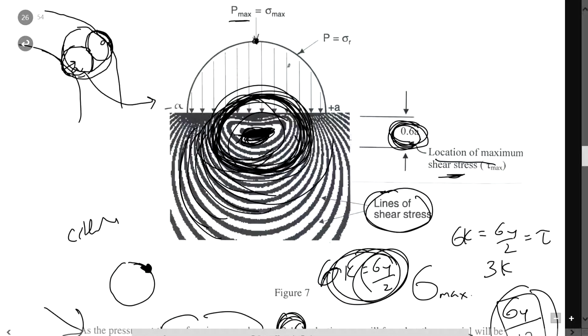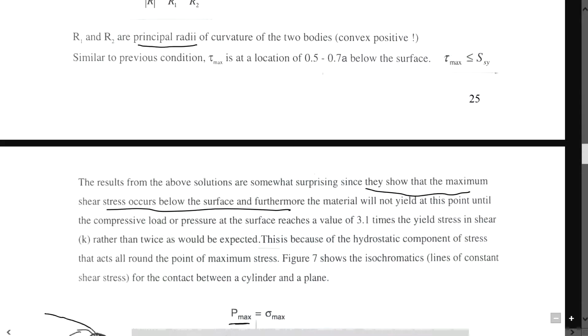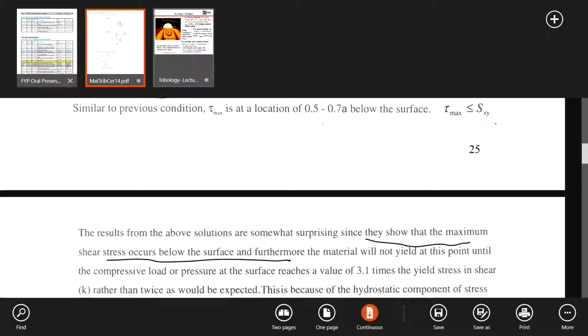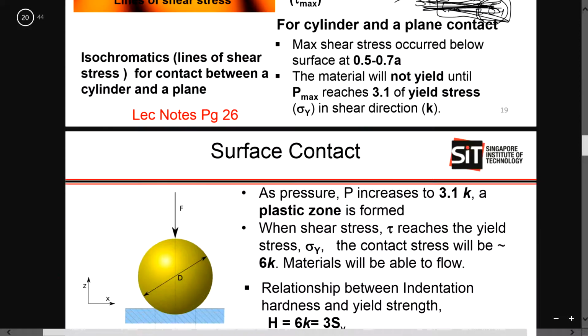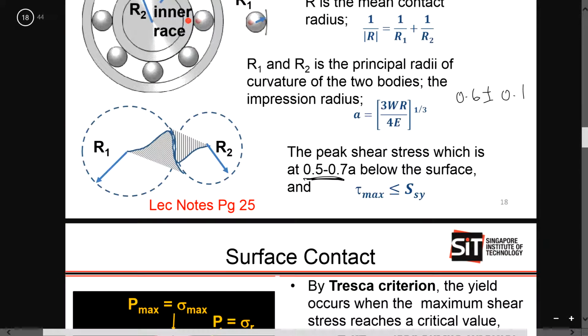So hopefully you kind of understand briefly about here and there for the double curved surface type of thing. Take note of this picture also, because over here there will be a contact surface, and over here there will also be stresses.